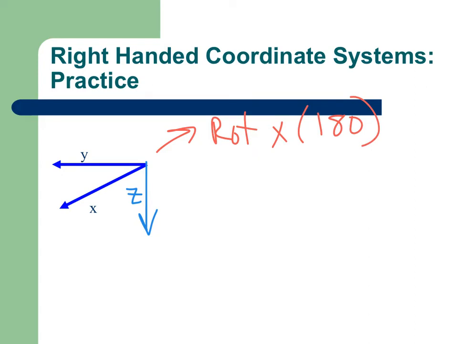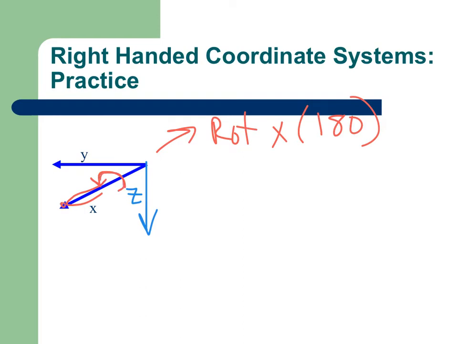Because 180 degrees in either direction is the same, but of course, since we want to at least show that we know what we're doing, we're going to rotate about the x-axis by 180 degrees. So we have to stick our thumb so that it is pointing along the x-axis, which means that our fingers naturally curl this way. So we're going to rotate 180 degrees about the x-axis.